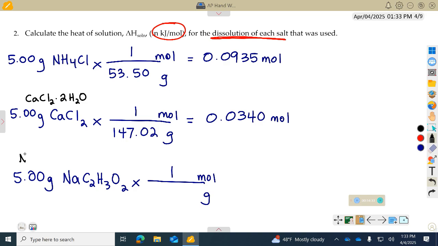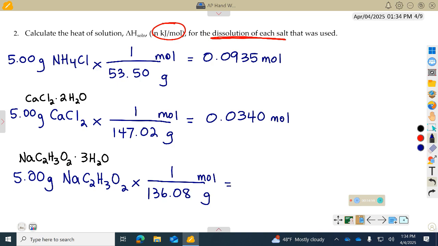So it was really sodium acetate trihydrate, 3 waters. Not that it's a big deal, but when I find the mass, I have to include the mass of those waters. So we're going to use 136.08.